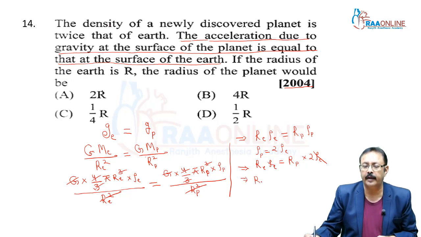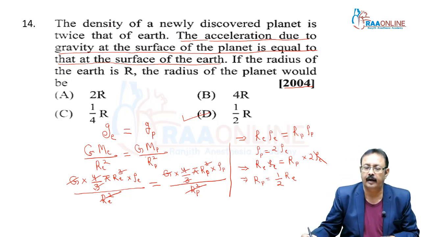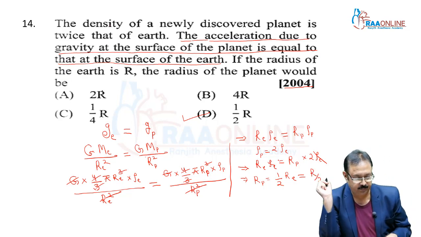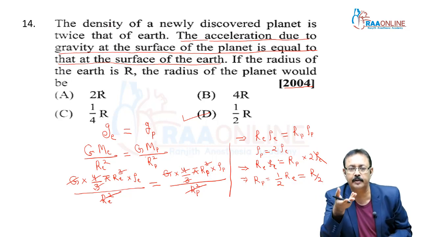The radius of planet is half the radius of Earth. So we are going with option D, because radius of Earth is given R, so radius of planet should be R by 2. The problem was not very tough, only simple concepts are used in this.